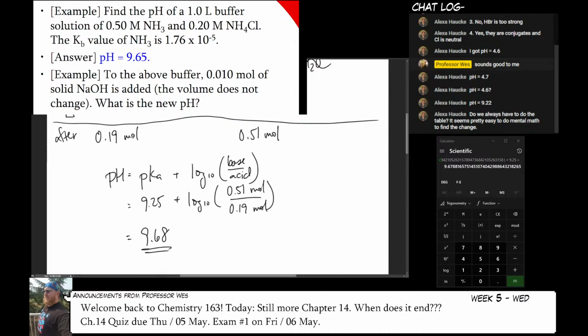There you go. Is that really what I got? Oh, yeah, that's right. It should be 9.68, because I added hydroxide, and initially it was 9.65.